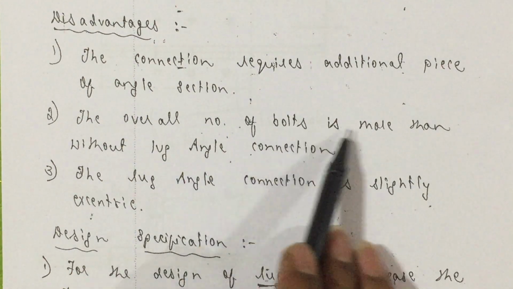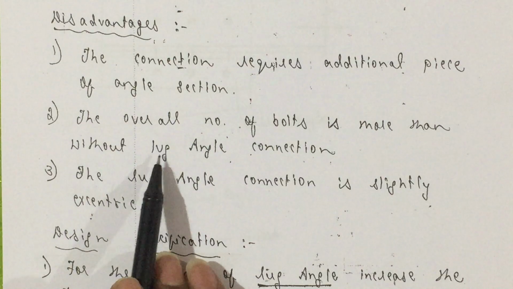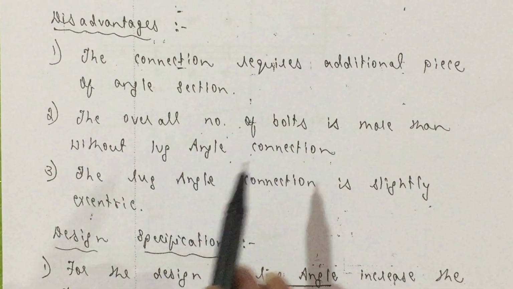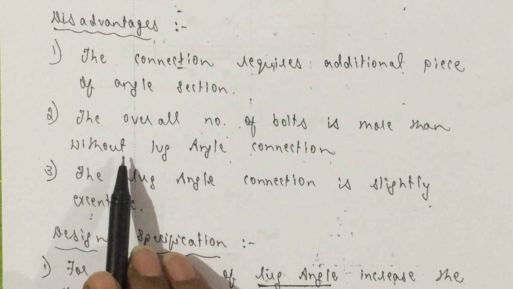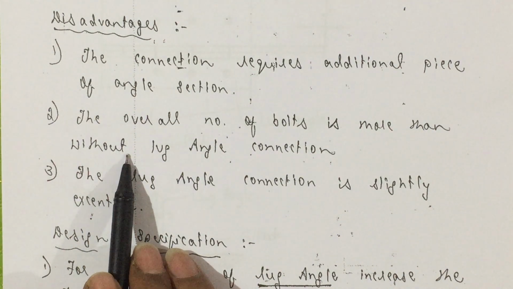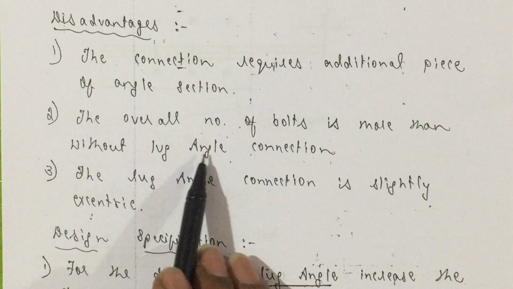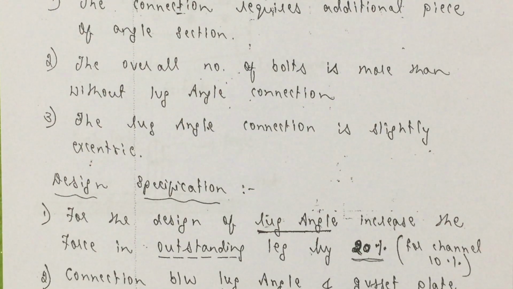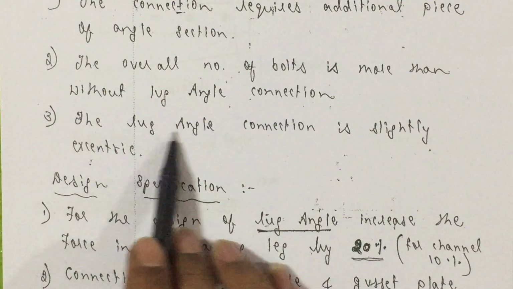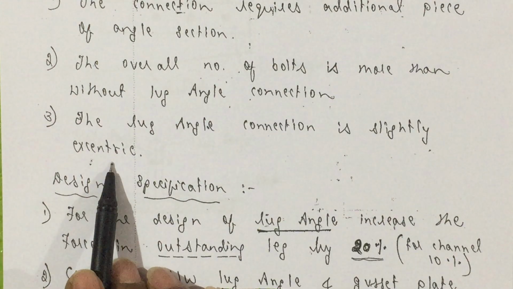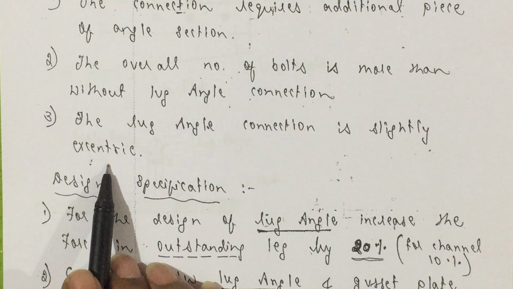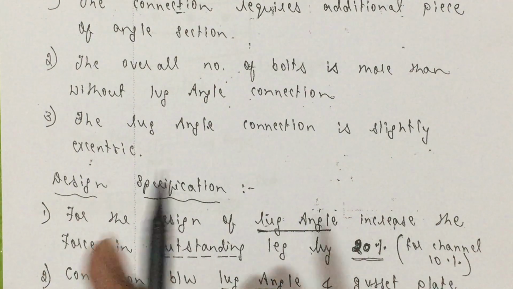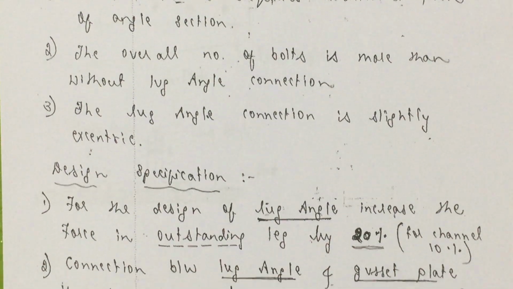The overall number of bolts is more than without lug angle connection. Nothing but here number of bolts will be more if we are not making use of lug angles. If we make use of lug angles, the number of bolts will be less. The lug angle connection is slightly eccentric, nothing but it will deviate to the outside.